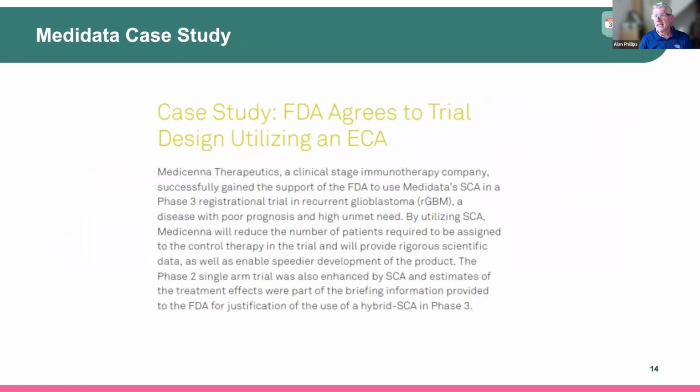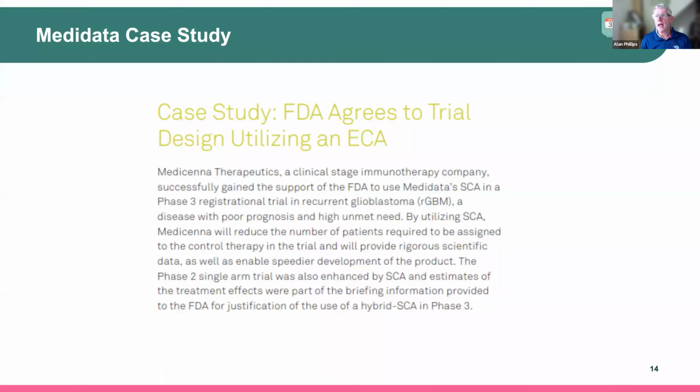Some specific cases: Metadata, a big data management company, the people who own the remote data management, Oracle, it's not Oracle Clinical, but that metadata is what we use for collecting data, for those who don't know.